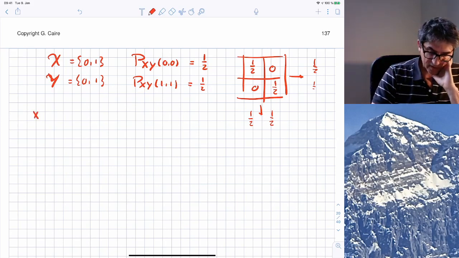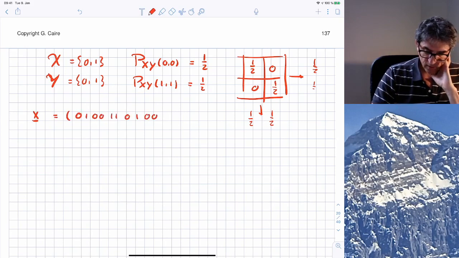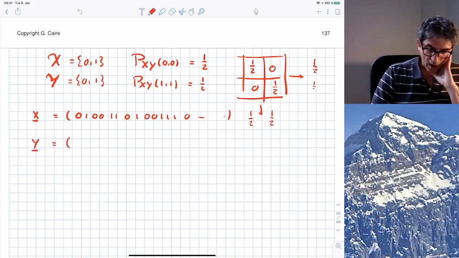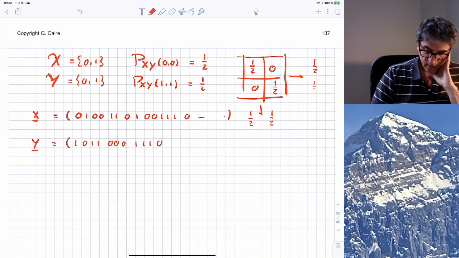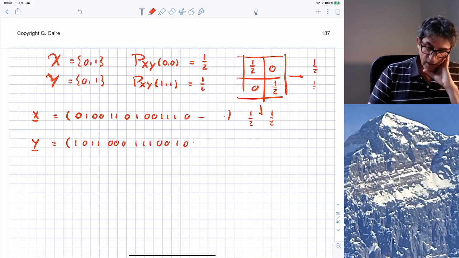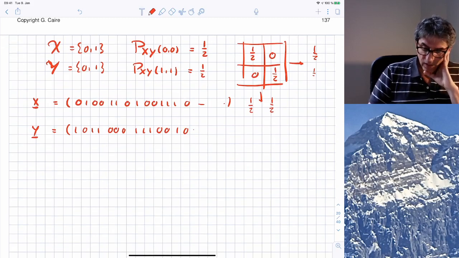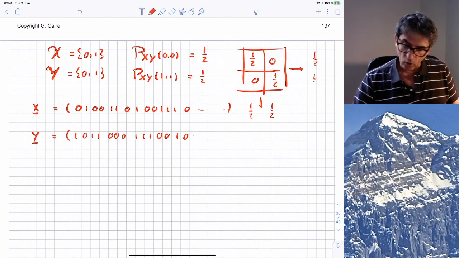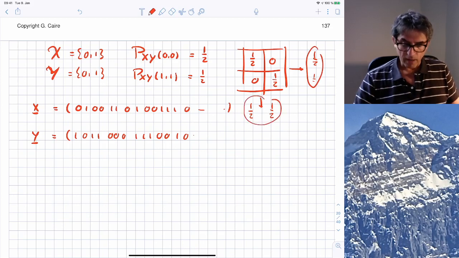For example, I can have a sequence x equal to 0, 1, 0, 0, 1, 1, 0, 1, 0, 0, 1, 1, 1, 0, with 50% zeros and 50% ones. And then I can have an individually typical y, for example, 1, 0, 1, 1, 0, 0, 0, 1, 1, 1, 0, 0, 1, 0. Those can be individually typical because their empirical rates of zeros and ones are close to 50%, close to the corresponding individual marginal probabilities.